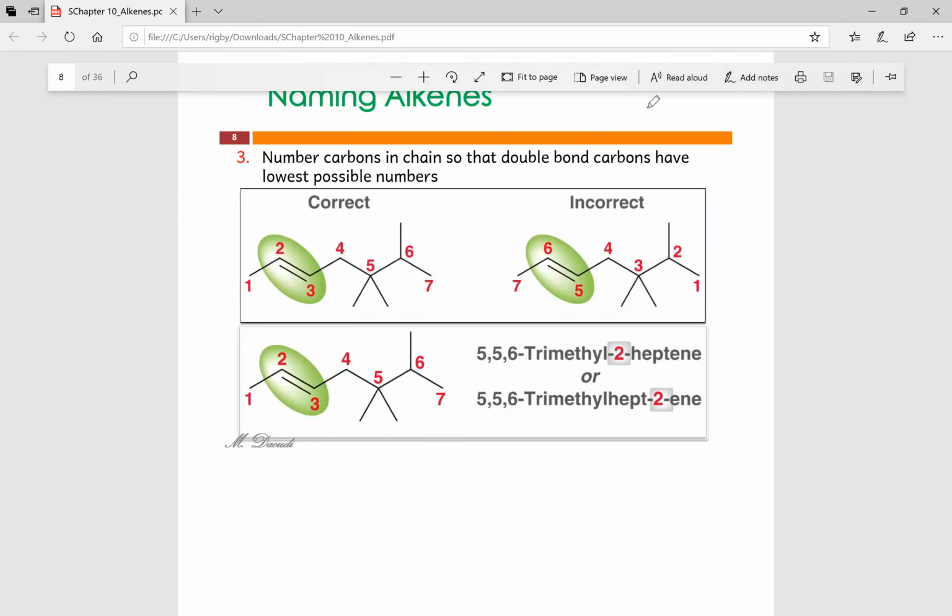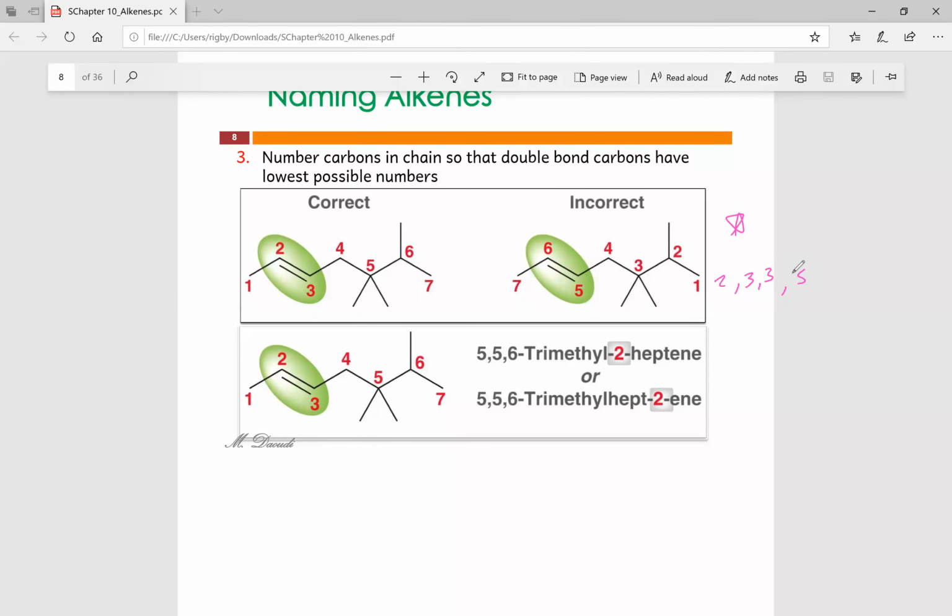So we can see here that if we use the incorrect naming on the left, this guy right here, then we would have a methyl on 2, 2 methyls on 3, so 2, 3, 3, and then our alkene on 5. I see your questions. I'm going to get to which one's a higher priority when we talk about alcohol.